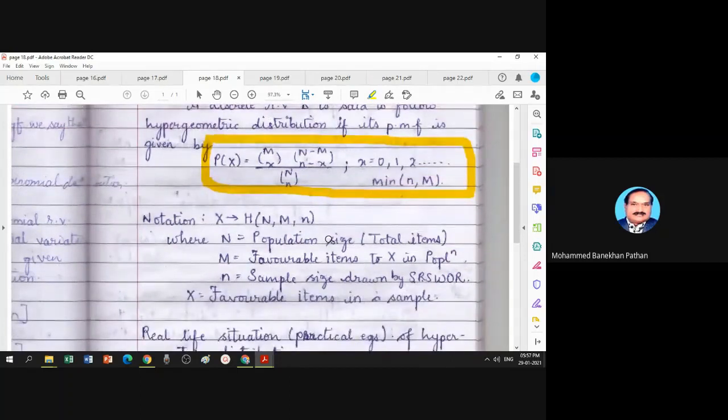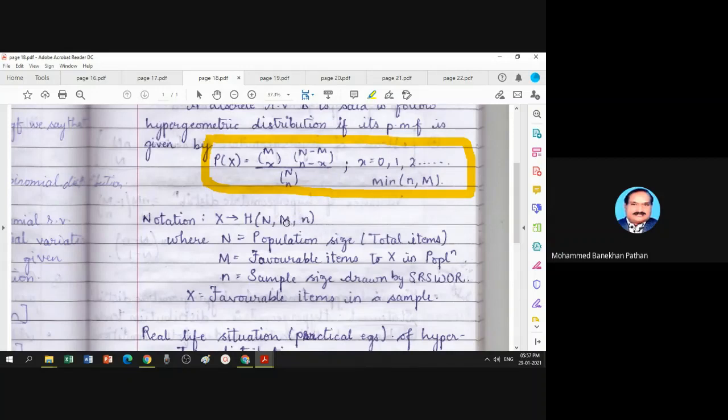How to denote this? It is denoted as capital X follows hypergeometric, and this hypergeometric formula requires three constants known as parameters of the hypergeometric. Number one, capital N. Number two, capital M. And third is small n.